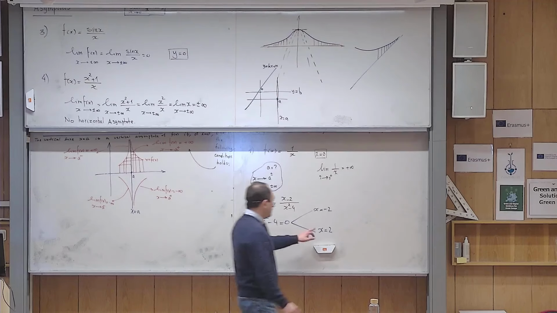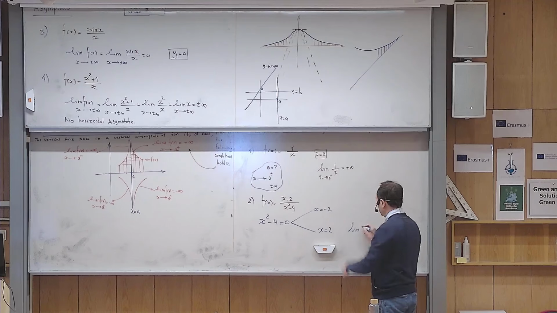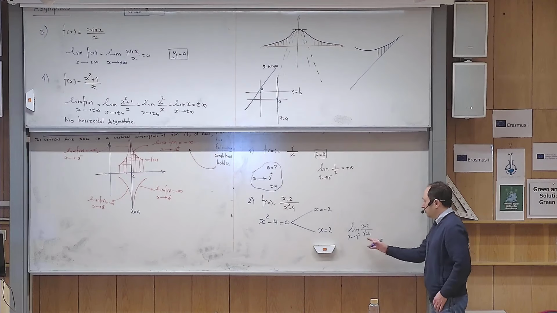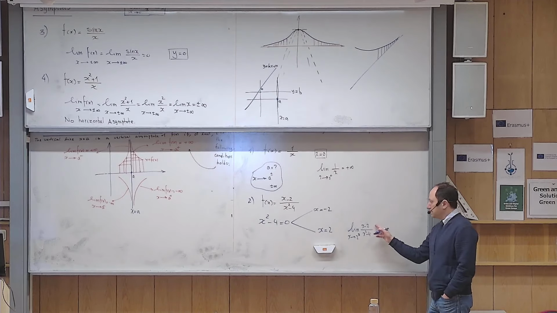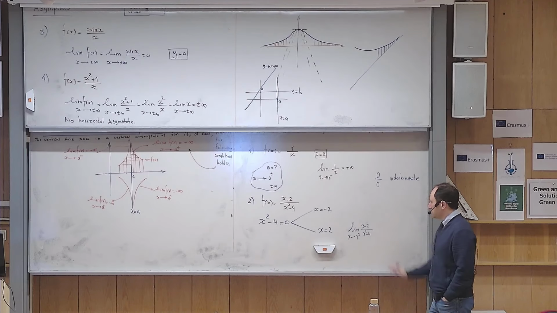Because if I calculate the limit of my function and send x to 2 from the left or from the right, let us see. What is this limit? The type of this limit, when you put 2 there, is 0 over 0. Do you remember? 0 over 0 is indeterminate. Yes? So what happens here?